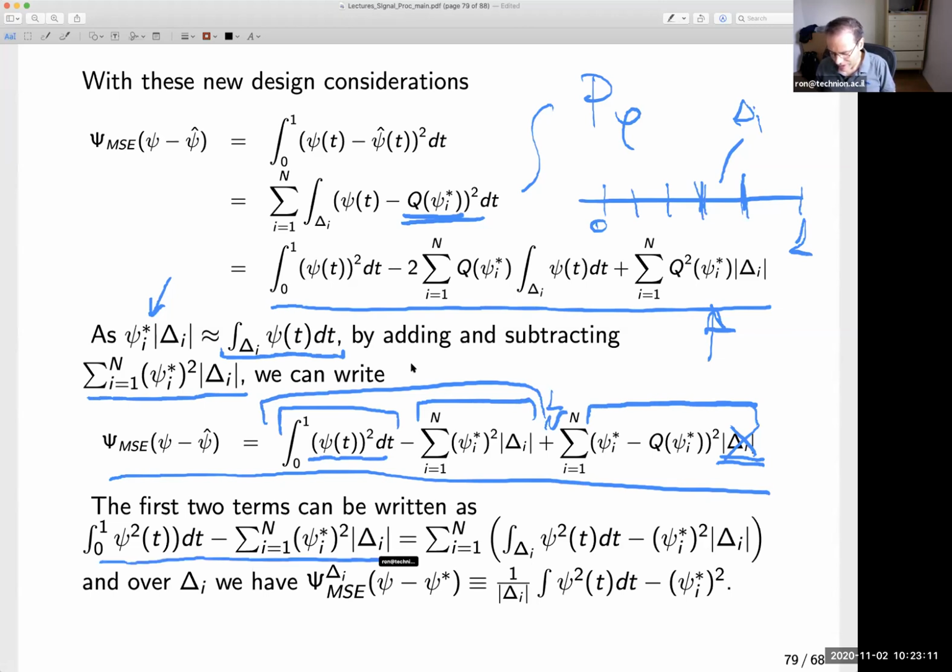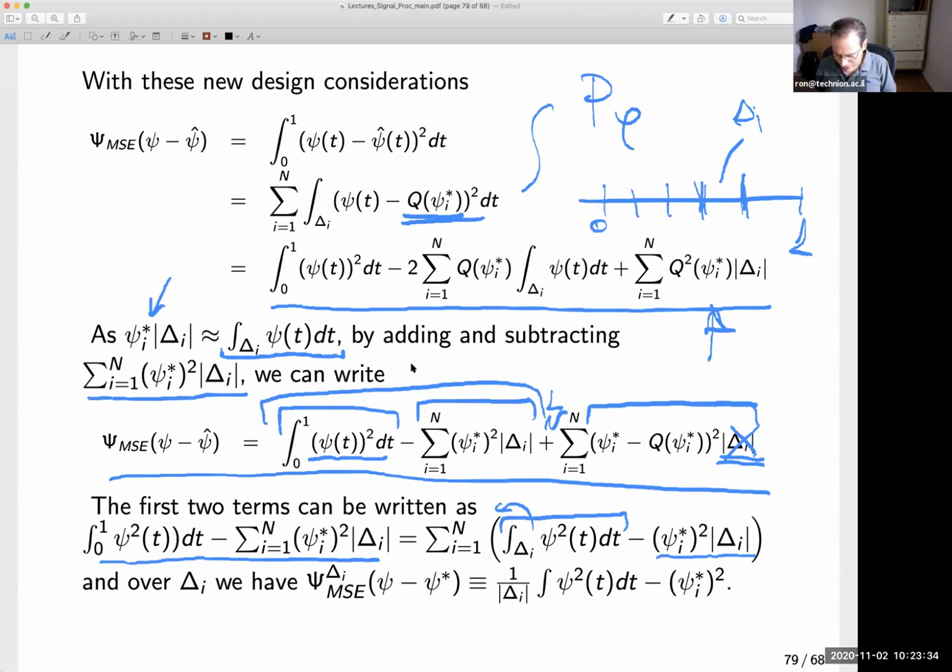So I'm pulling the sum and the integral outside. And then within each interval, I'm subtracting from the energy, the squared signal, the squared approximation of the signal at each and every interval.